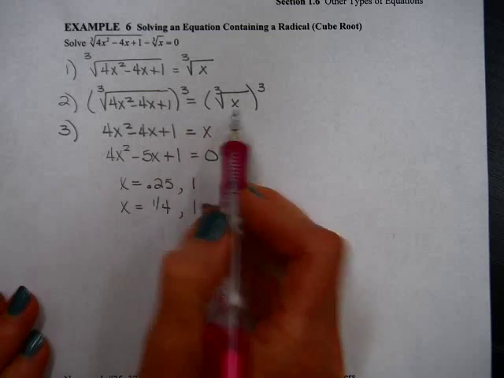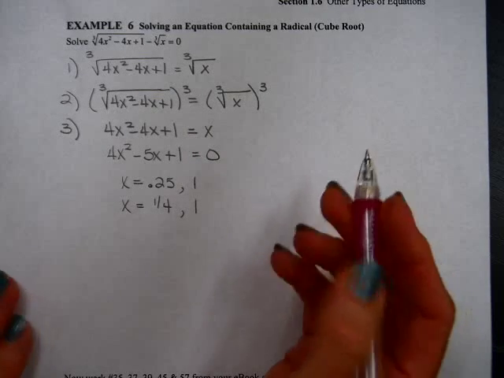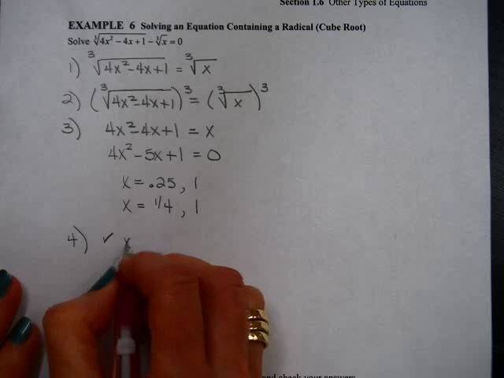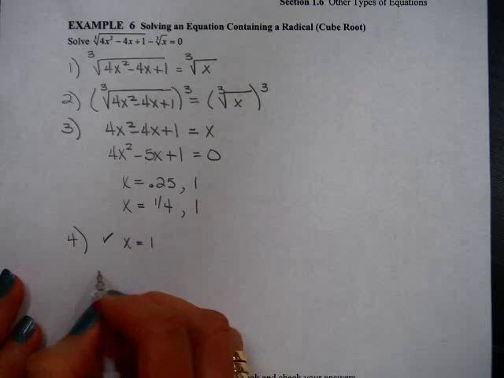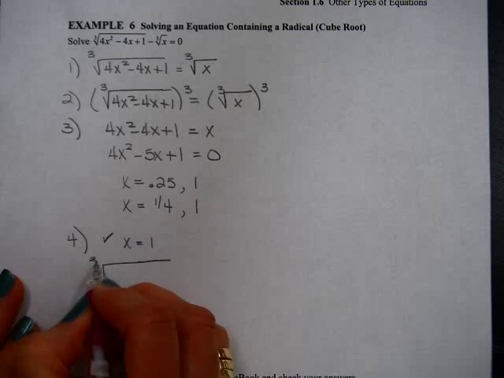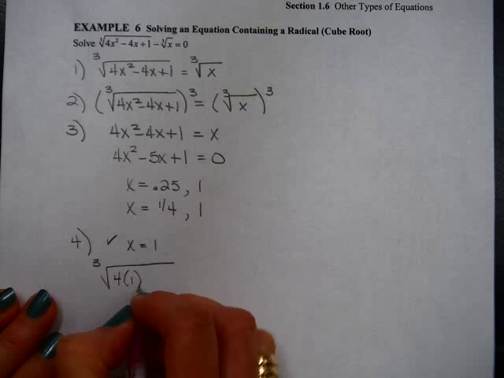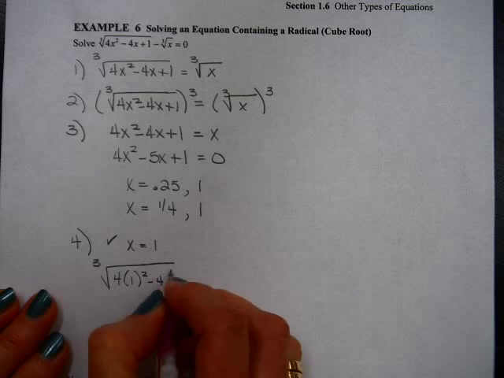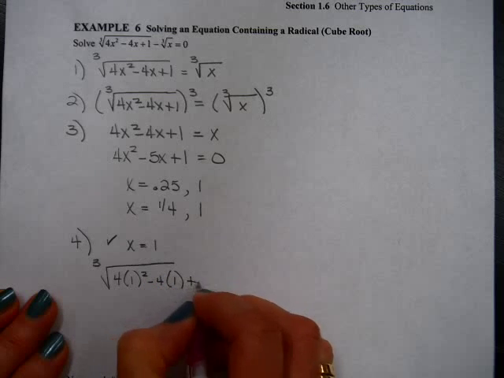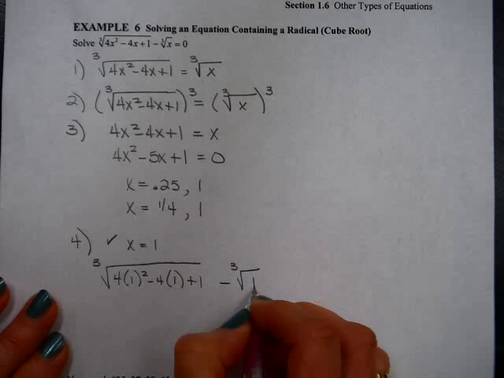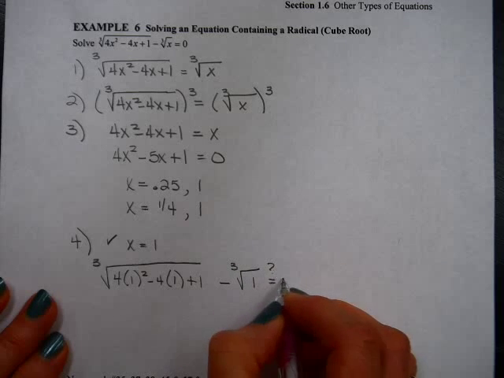Now we did change the problem when we cubed it, so we should check our answers. Let's check the 1 first. That'll be the easier one to check. So you have the cube root of 4 times 1 squared minus 4 times 1 plus 1 minus the cube root of 1. I need to know, is that equal to 0?